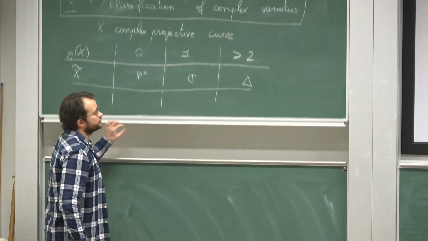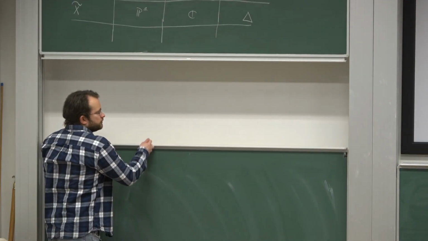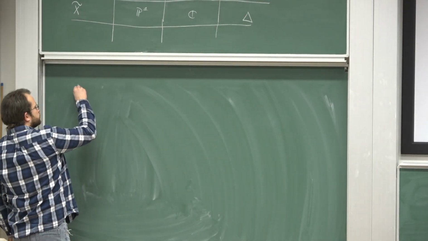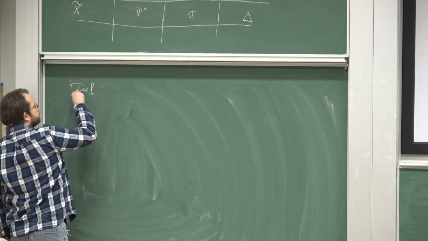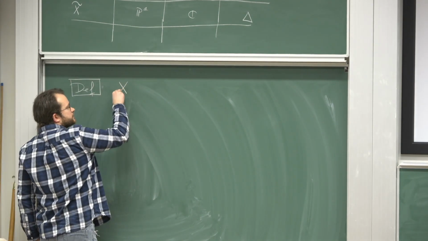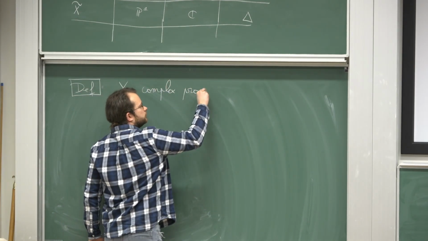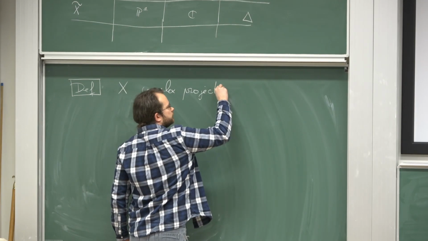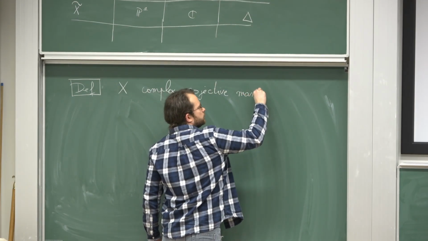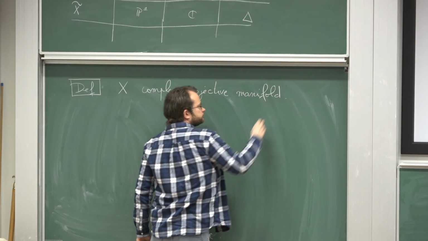So how do we do that usually? Well, we introduce the notion of Kodaira dimension. Let X be a complex projective manifold of any dimension.